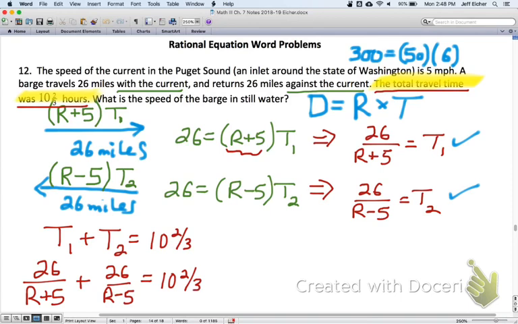So this is the equation that we could use to solve this question. I'm going to need a new page to do that. So let's see if we can manage that.